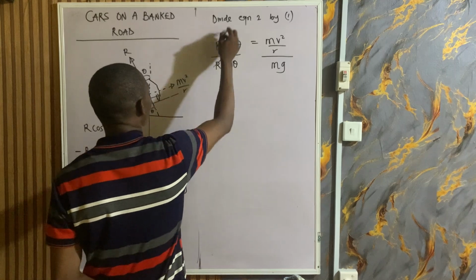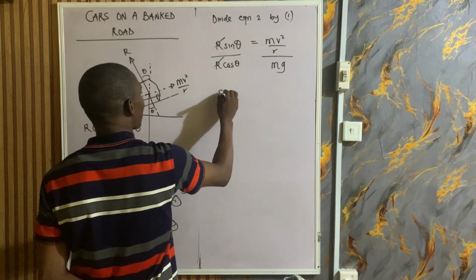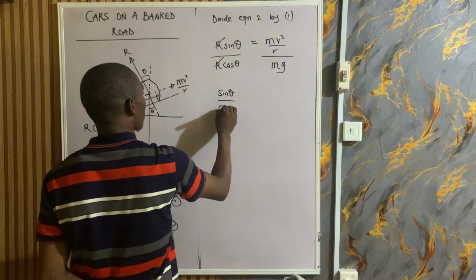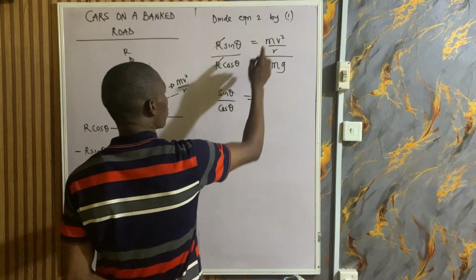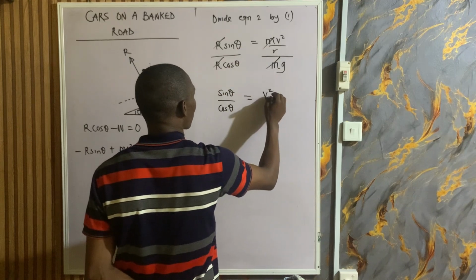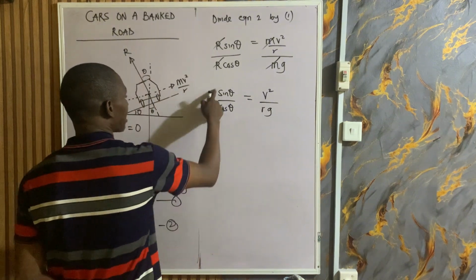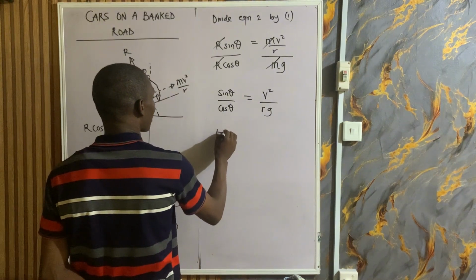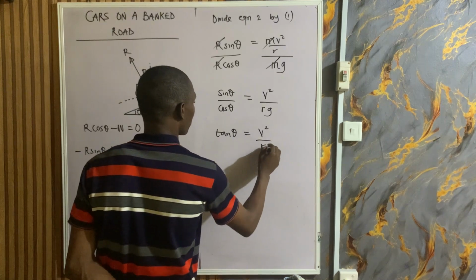Eventually, we have R cancelling R. So this is cos, not sine, cos. I'll be left with sine theta over cos theta being equal to, eliminating m here, and this r comes down, v square over rg. Sine theta over cos theta will give us tan theta. So tan theta is equal to v square over rg.